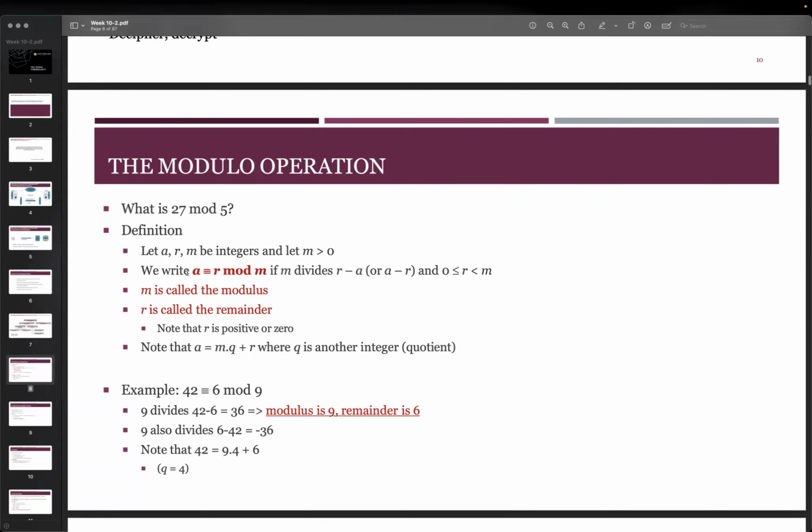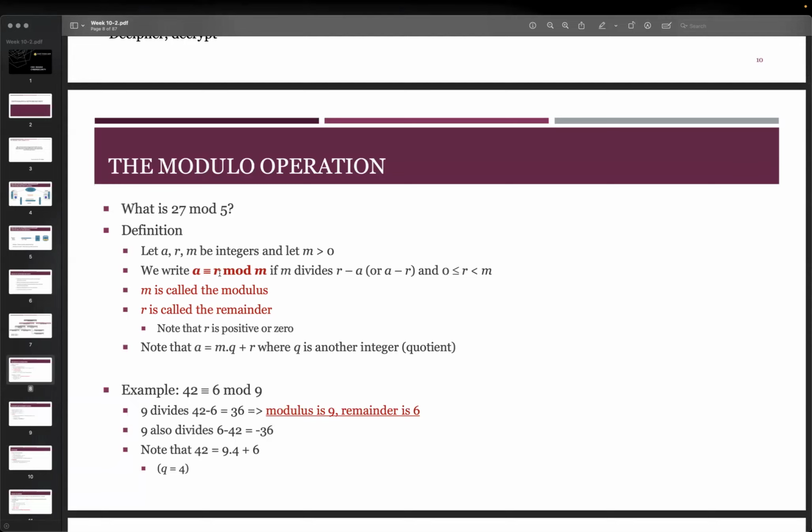So when we write A equivalent to R mod M, we are representing that M divides R minus A. We try to maintain R greater than or equal to 0 but also less than M. So M we call the modulus, and R is the remainder.